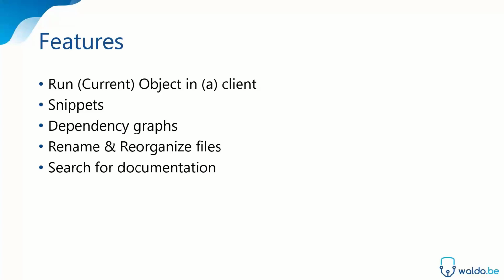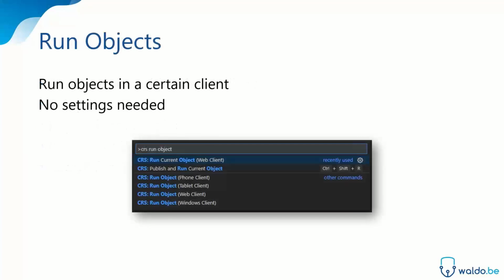Well, one of the biggest features is the fact that it renames files. Not just files, also, as Luc already mentioned, the prefixes and suffixes. It does some object naming for extension objects. And last but not least, it searches in documentation. So let's run into that a little bit.